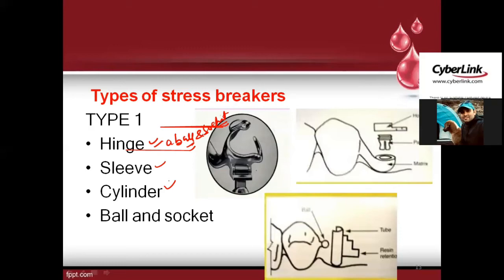Examples for hinge include Dalbo, Crismani, ASC 52 attachments.